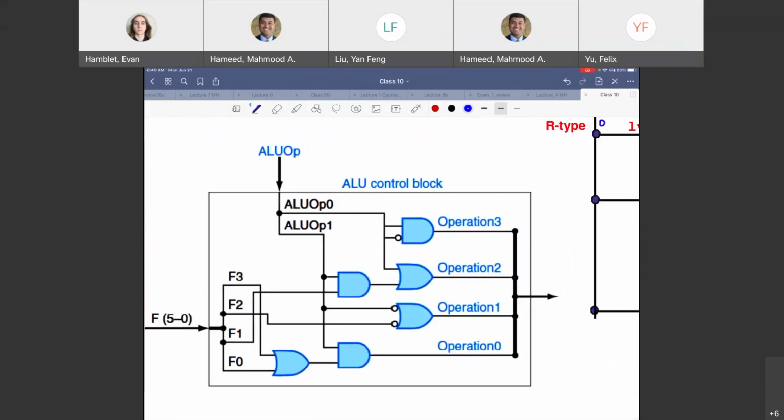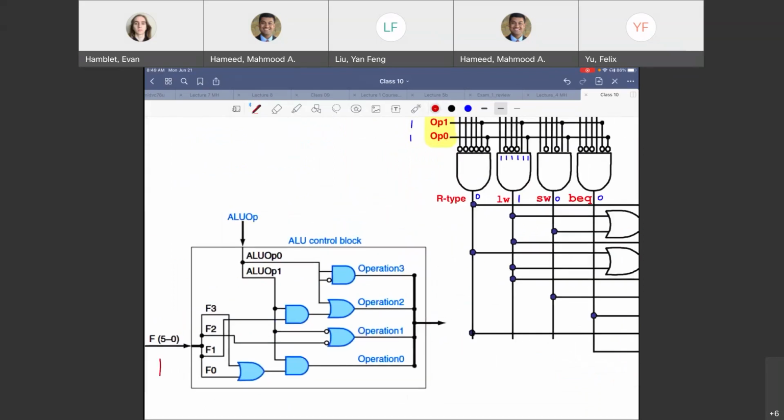The ALU control block has 2 inputs. One is the 6 bits for the function field meant for the R-type instructions, and the 2 bits from main control, the ALU op.